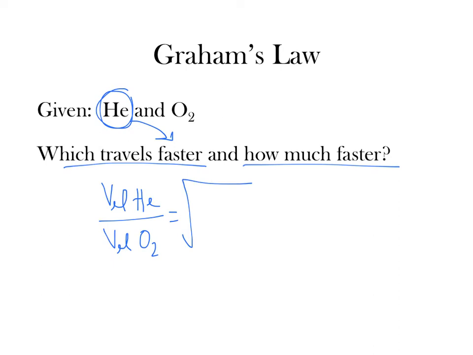So oxygen is going to be on top, 32 because it's O2, over 4 for helium. 32 over 4 is 8, so that's the square root of 8. Please solve that out to get an actual decimal number of 2.83, which means helium travels faster. How much faster? 2.83 times faster.